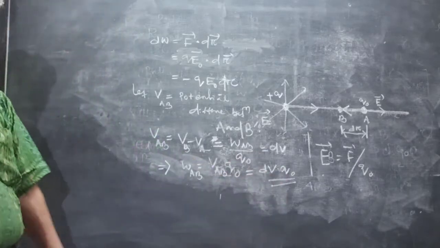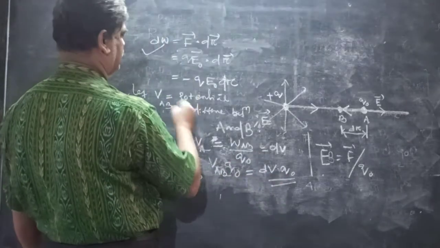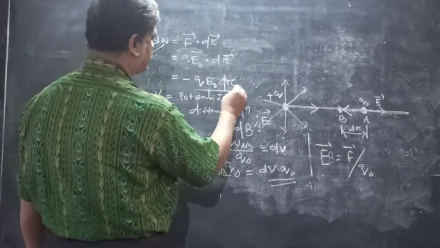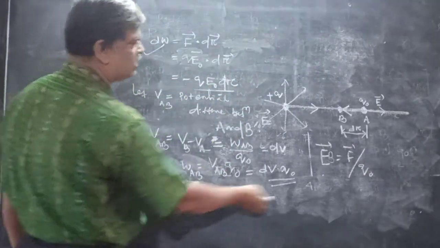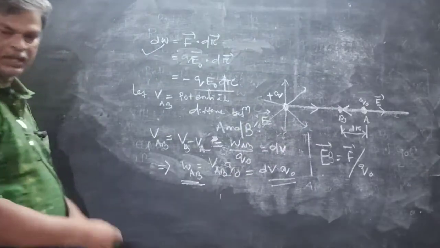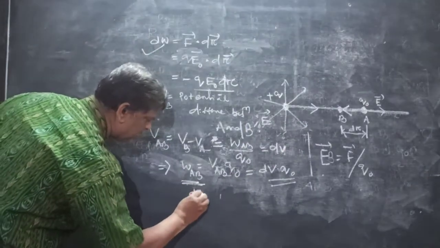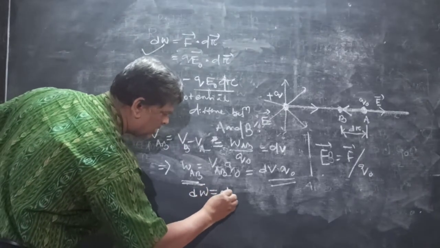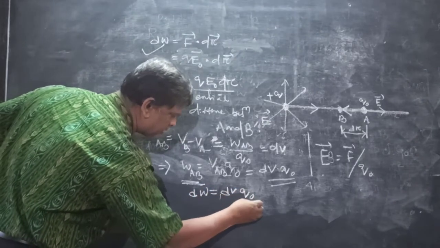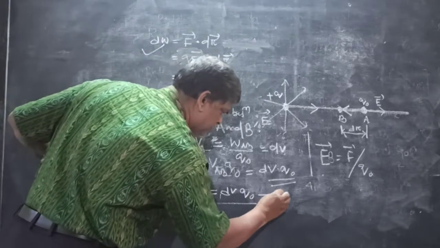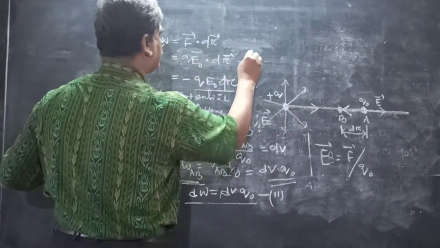This is the work done from A to B. So we can write dW is equal to dV into Q naught, this is your equation 2, and this is your equation 1.